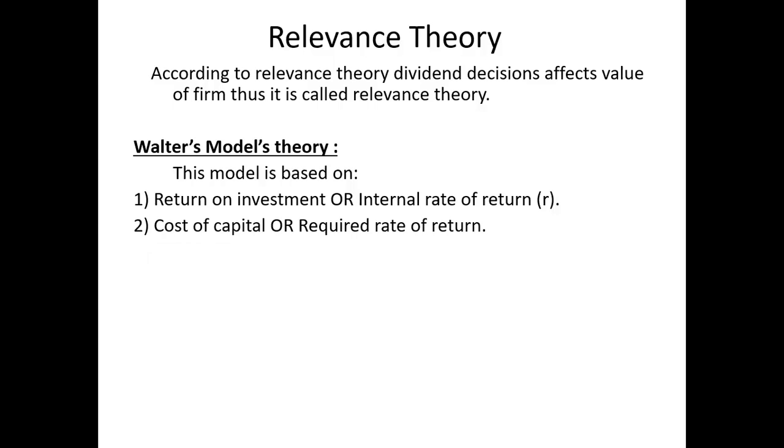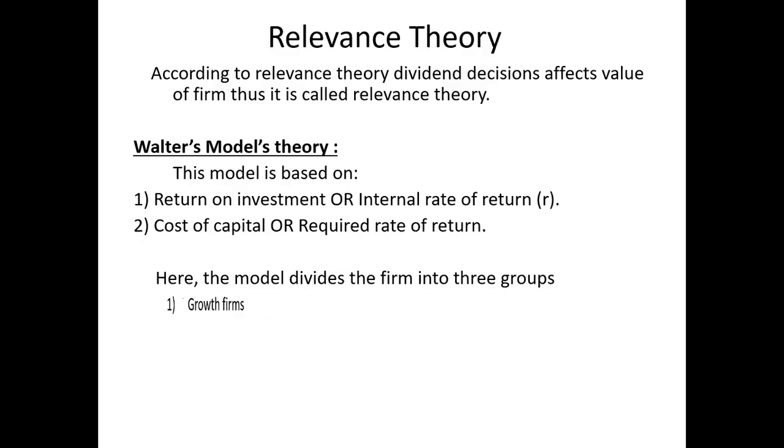Cost of capital means the minimum required rate of return by the investor from his investment. So the whole theory is based on the return on investment, or internal rate of return, or cost of capital.